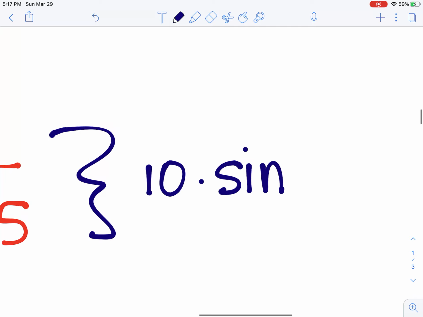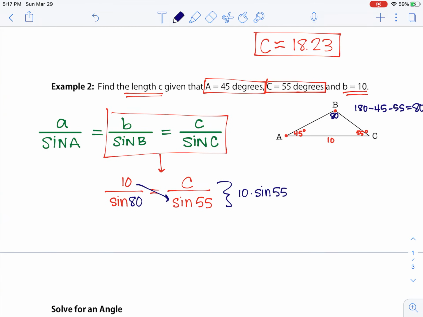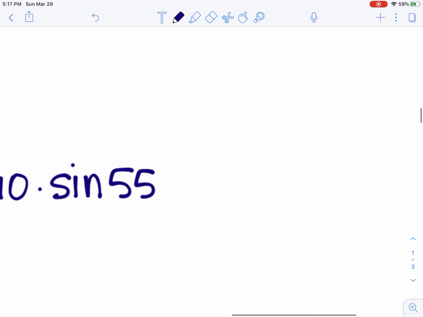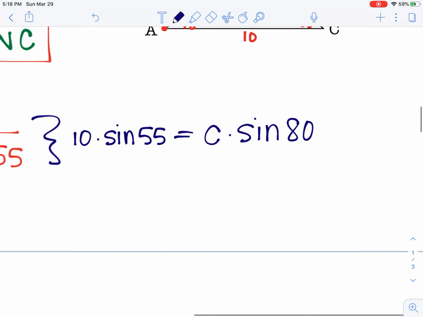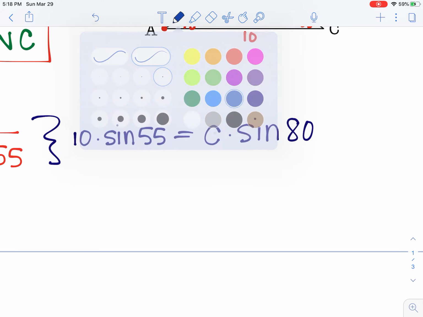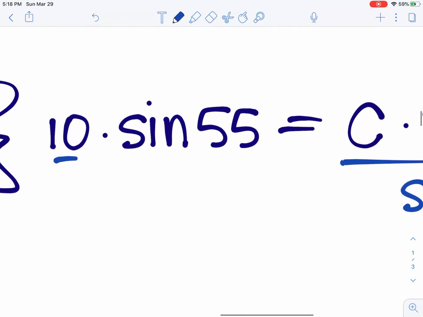So we have 10 times the sine of 55 and c times the sine of 80. The inverse of multiplying by the sine of 80 is to divide.